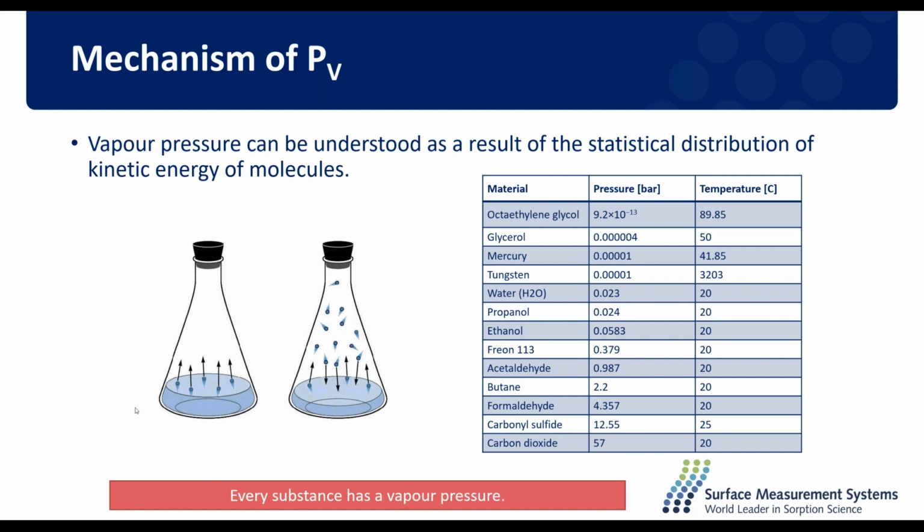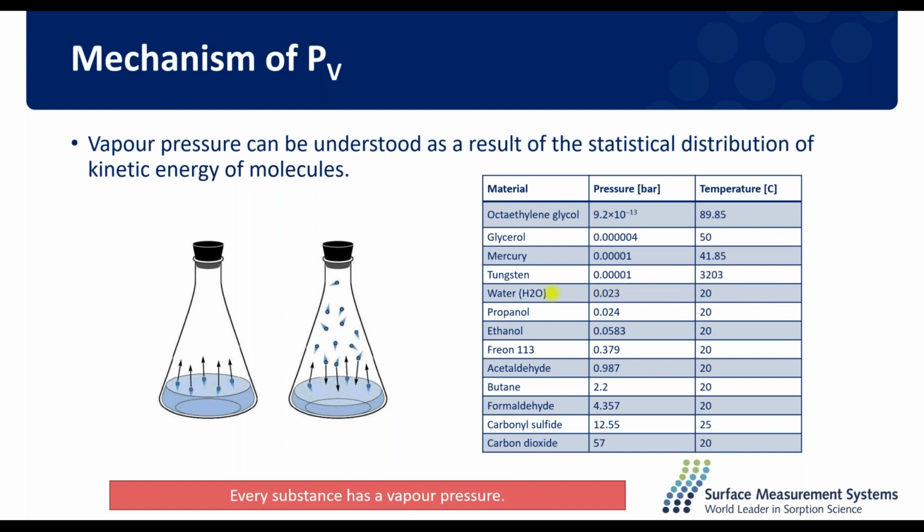And we have over here in the table a couple of examples of different substances with different vapor pressures, starting from some of the lowest vapor pressures, which can be measured in 10 to the minus 13 bar. Glycerol, mercury, tungsten also has a vapor pressure at extremely high temperatures, so even pure elements like metals.